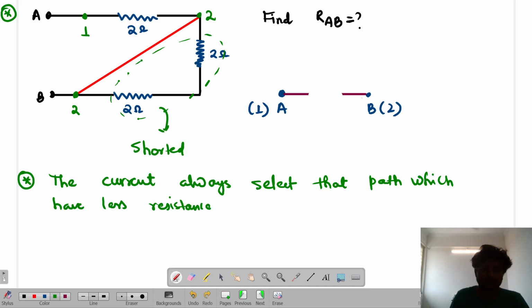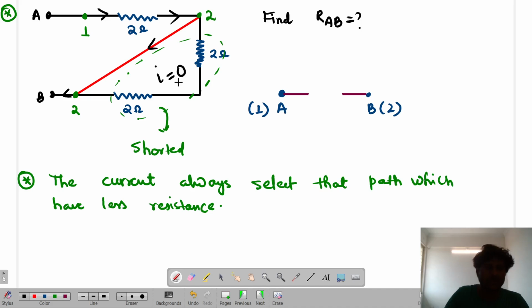Which has what? Less resistance. So if I see this wire and this wire, which wire has less resistance? 2 to 2, isn't it? So the current actually goes from here to there, comes here and then gets out. It never goes in this.